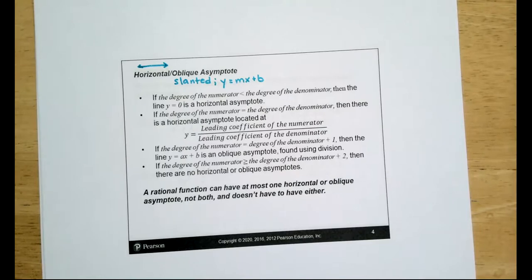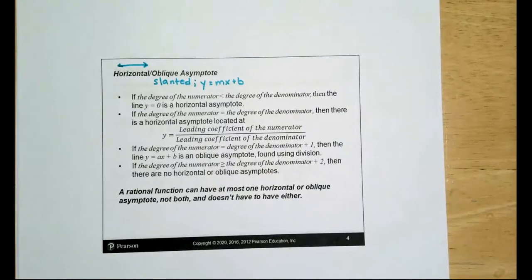The first one: if the degree of the numerator is less than the degree of the denominator, then the horizontal asymptote is at y equals 0. If the degree of the numerator is equal to the degree of the denominator, there is a horizontal asymptote at y equals the leading coefficient of the numerator over the leading coefficient of the denominator.